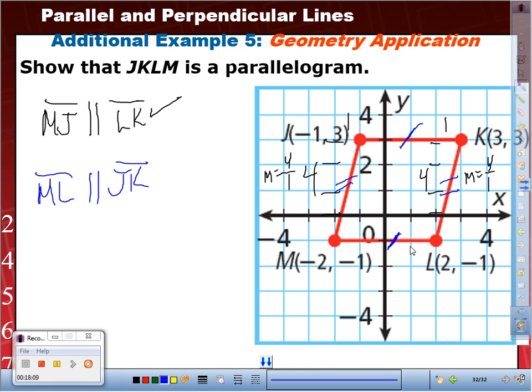What kind of slope is ML? And JK? If both of them are 0, are these parallel? Yes. So what can we conclude? That JKLM is a parallelogram.